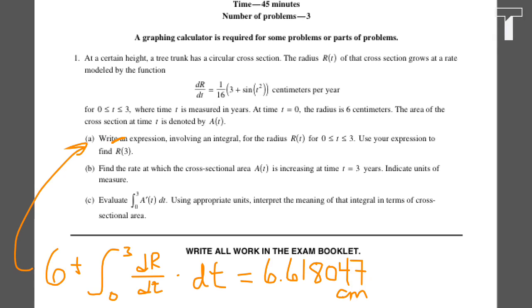R of 3 means the radius of the tree trunk when time equals 3 years. So here's what you need to know: when time is 3 years, the radius of the tree trunk is 6.6108047 centimeters. The other thing I should tell you before we start is that this is a calculator problem, so you can feel free to use your calculator while we move on to answer part B.